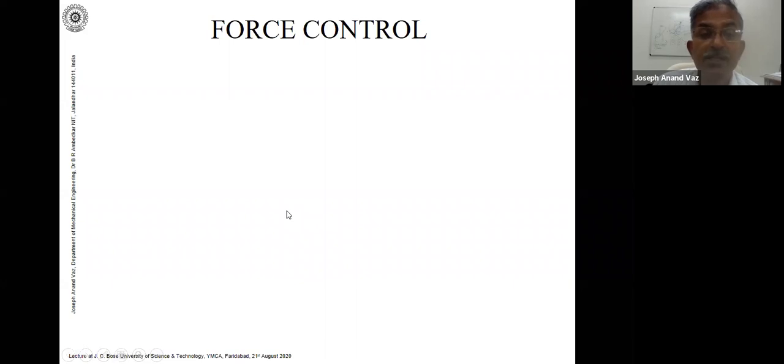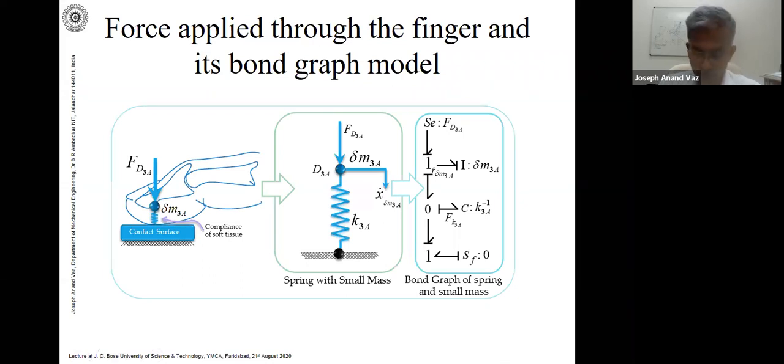The real challenge is actually while controlling the force. So we have also got the model for the force control, and this is done in bond graph like this. Our natural systems are blessed with certain sensors.